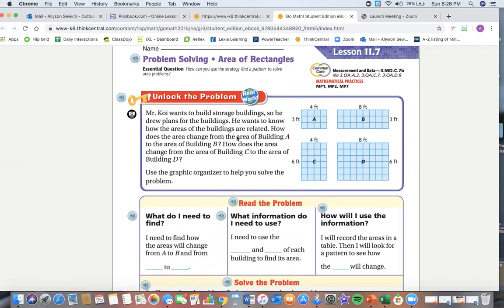How does the area change from the area of building A to the area of building B? How does the area change from the area of building C to the area of building D? Okay, so we're going to be comparing these areas. Don't let all of these words confuse you. You can always go back, underline what you need to find, reread the problem, do whatever you need to do.